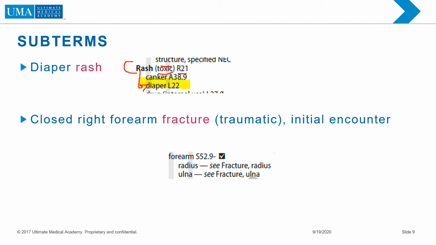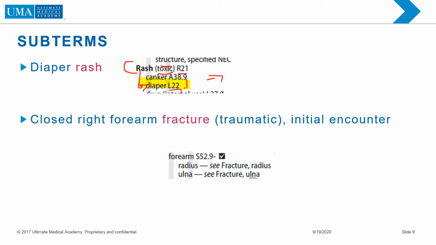So here they're telling us that the diagnosis code we need to check in the tabular list is L22. At this point, we would then move to our tabular list, check L22, see if there are any other conventions or guidelines that go with it, or if it needs any more digits, and we would then choose our correct code from there.